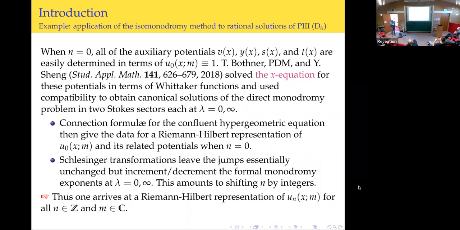What this amounts to doing in terms of our parameters from the problem is shifting this index n by integers up and down. So what we're really saying is that you don't mess with the jump matrices, you just change these exponents by integers explicitly in the Riemann-Hilbert problem. And then you are looking at the Riemann-Hilbert representation of this function u_n of x for any integer n. So even though you started with the trivial solution, now you have the data for any solution in the same family.